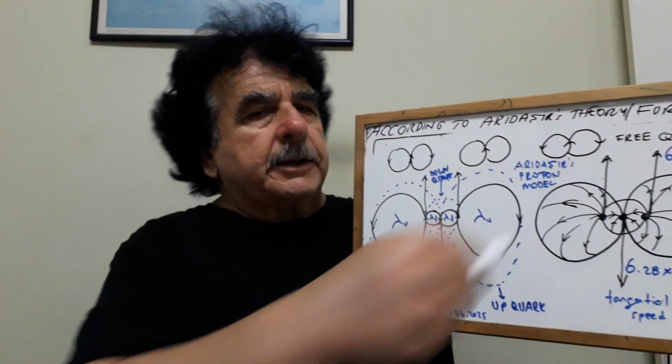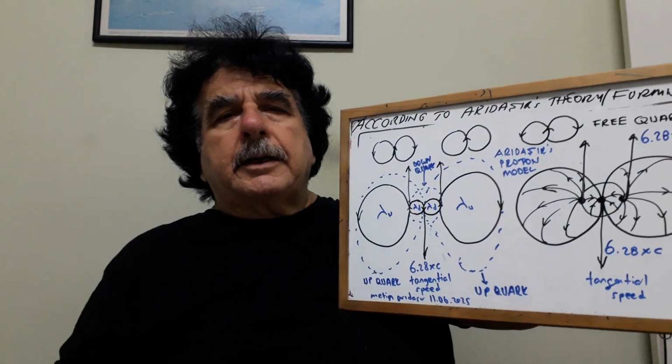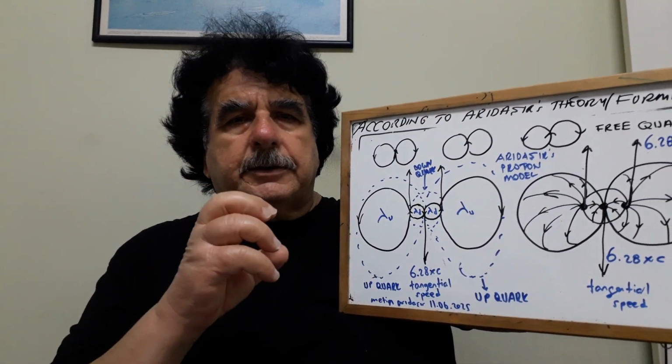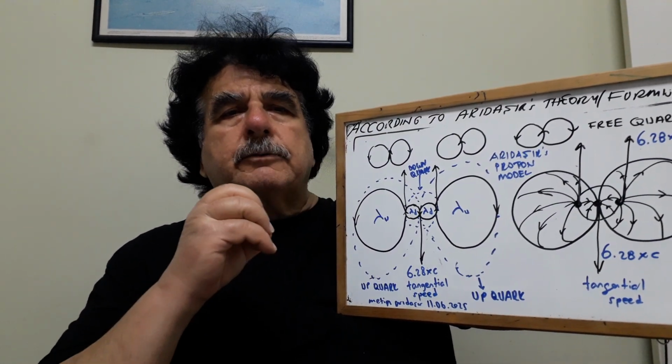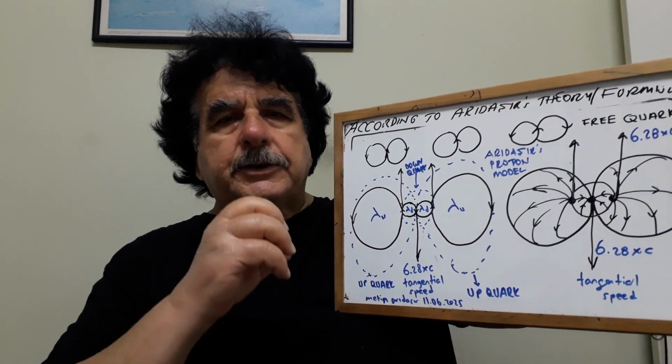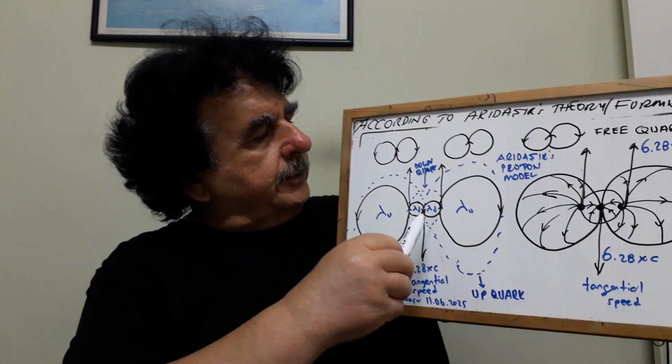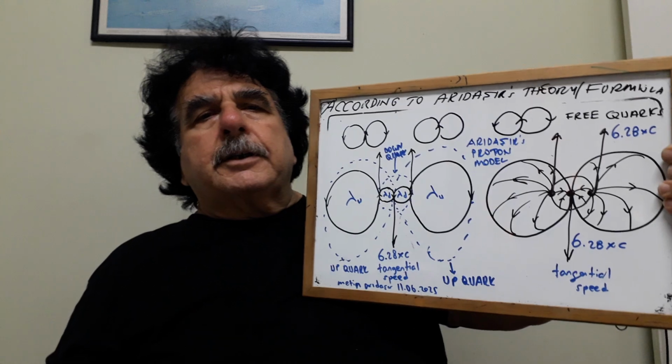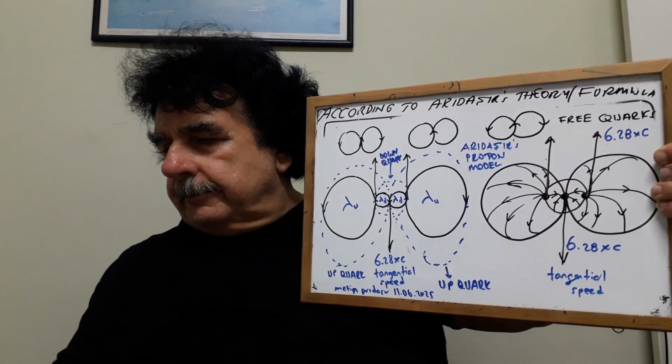Now they are free, but when they connect with each other, when they make joint motion with each other in specific conditions like this, they change their sizes.